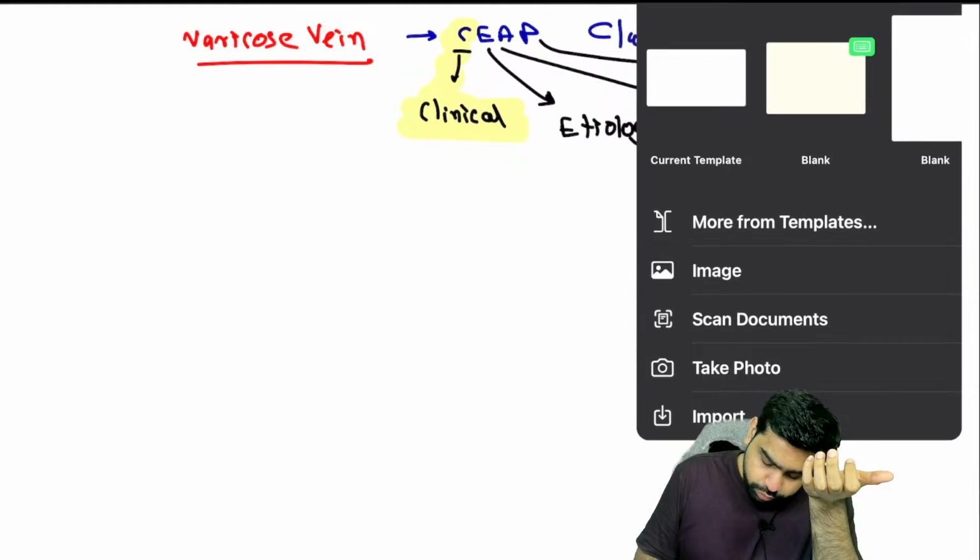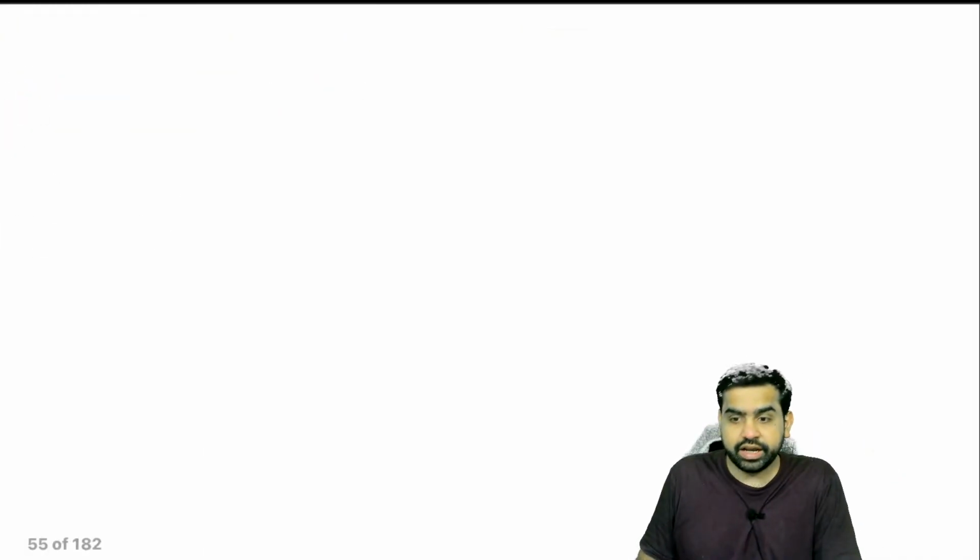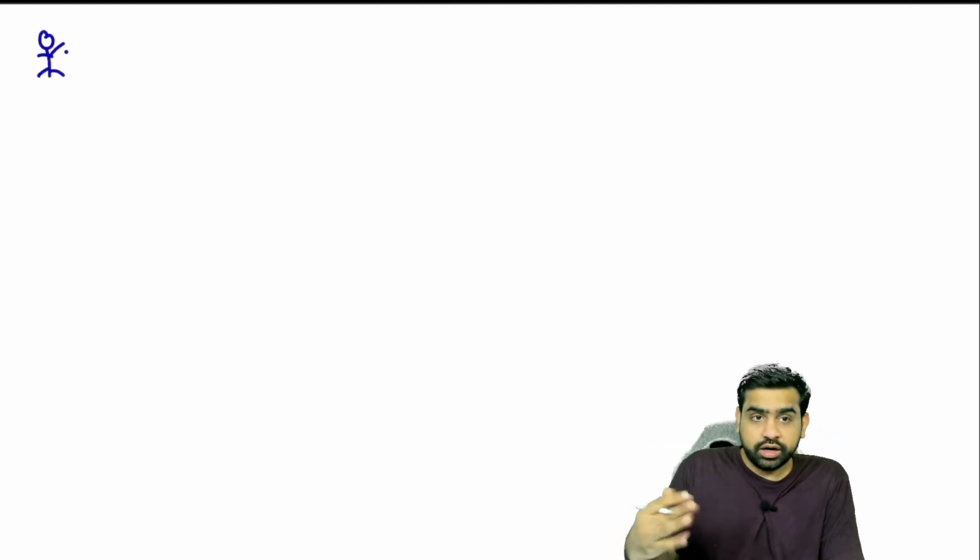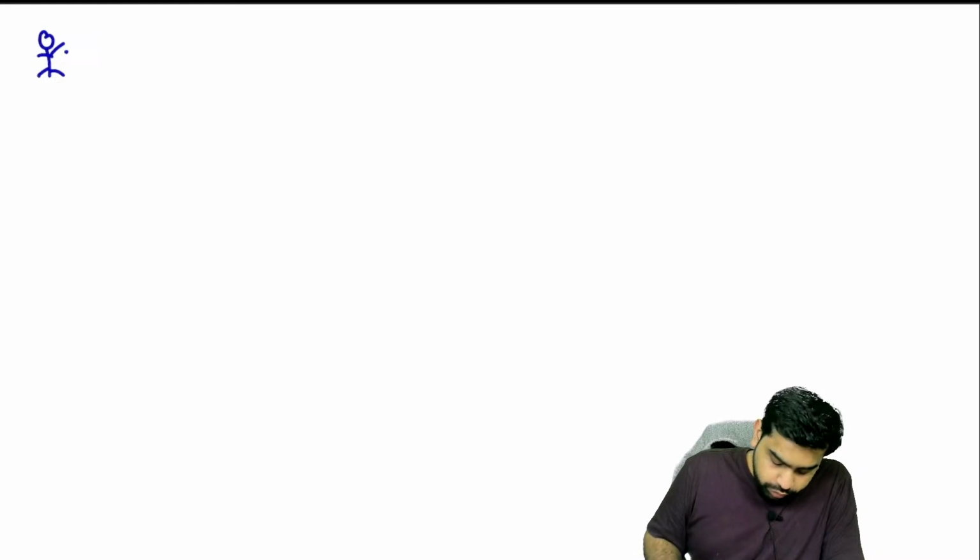I understand that you might have some difficulty understanding and remembering these things, but if you remember it like this, you will understand it in a better manner. Let's assume that you and I are normal individuals at this point. We do not have any varicose veins.